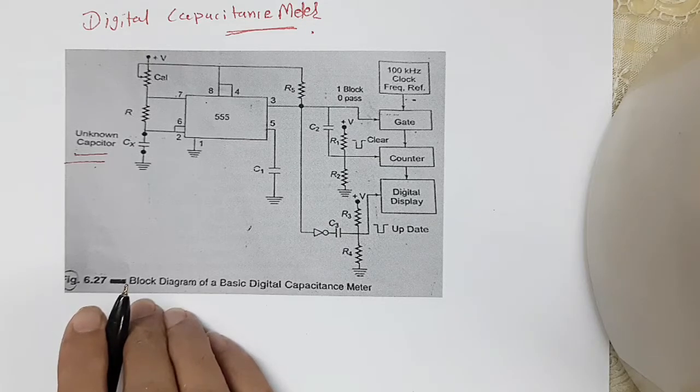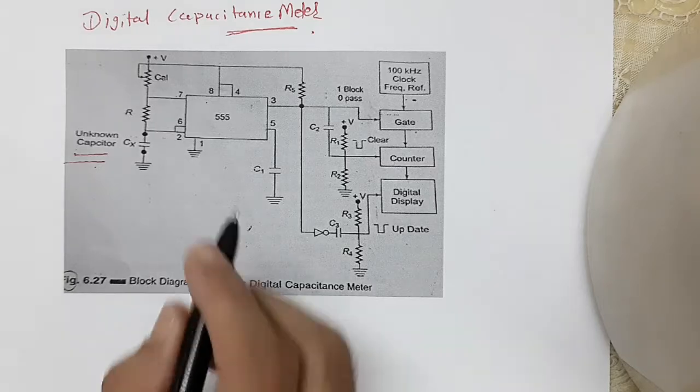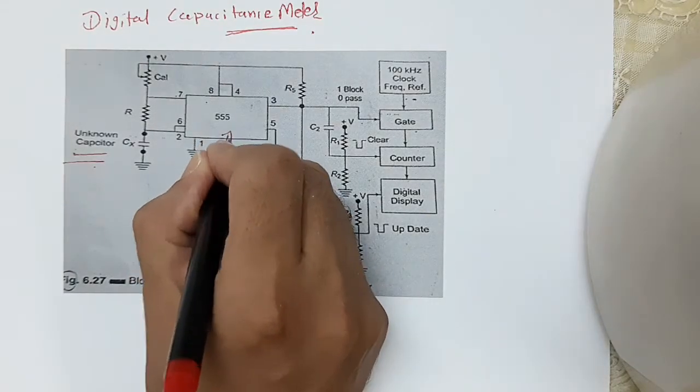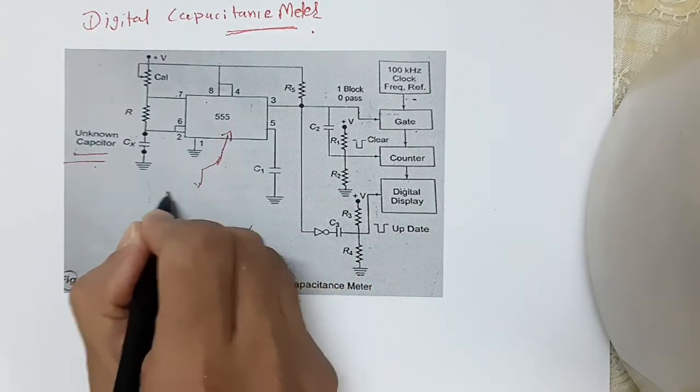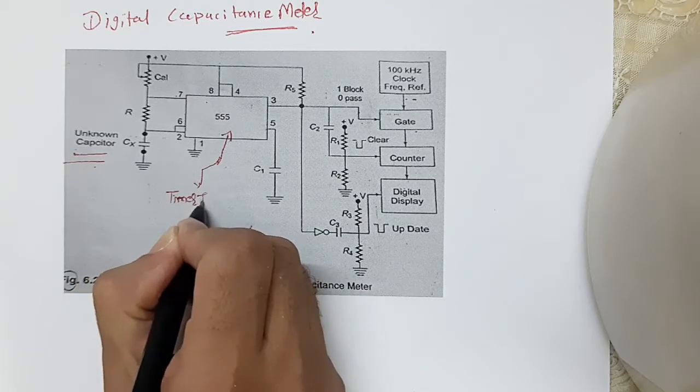Now we know that the capacitance is linearly proportional to the time constant when a capacitor is charged by a constant current source and discharged through a fixed resistance. We can use the 555 timer IC. See, IC 555 is also known as timer IC.